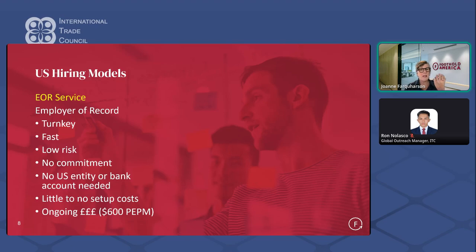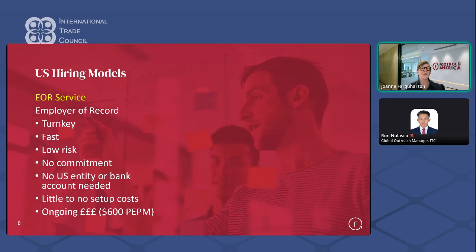So the employer of record hires that person under their entity, and when that person is hired by Foothold America or any other EOR, that employee agrees to work on behalf of their client. So if you're our client, we'll say, okay, you want to hire this person, and they are going to report to you. They're going to put themselves on LinkedIn.